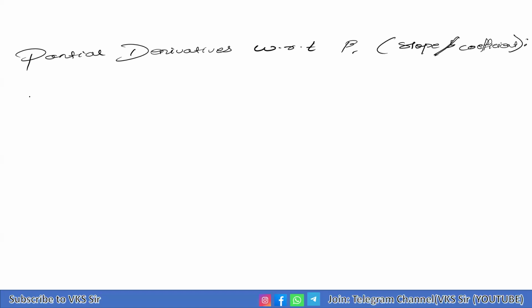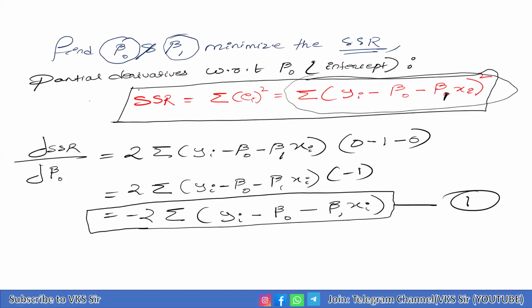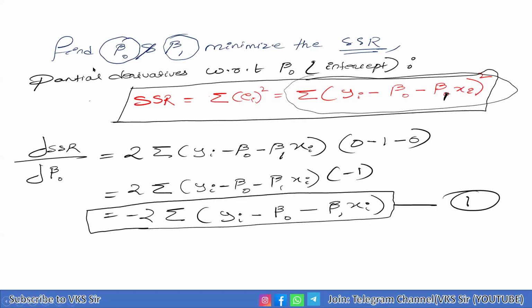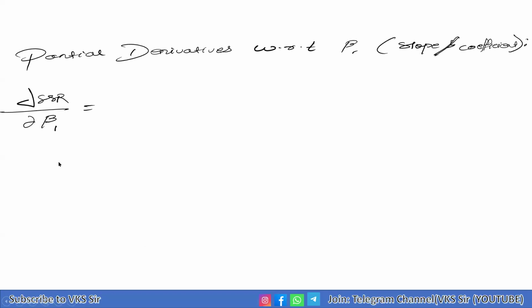So the derivation of SSR with respect to beta 1, the same thing. The 2 will come outside, and then in the same way, the actual value, intercept, coefficient, independent variable.